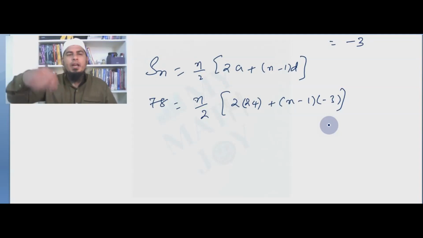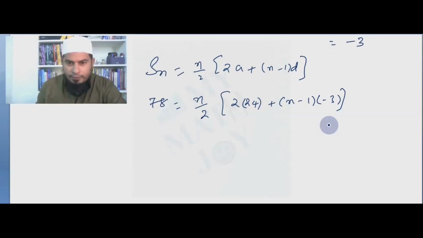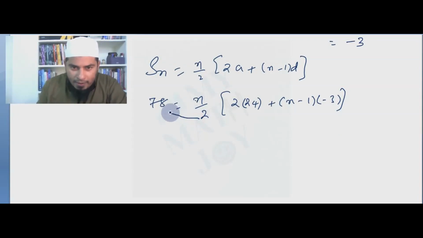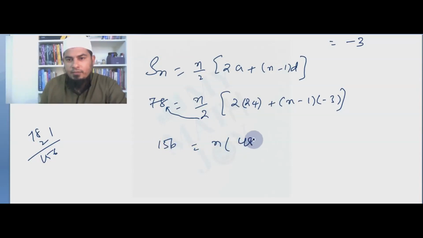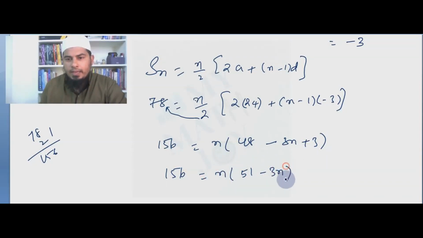Many questions are about to come, you are going to solve them. So what you have to do is transpose this to the other side first. So 78 times 2 exactly you'll get 156, and you simplify inside: 48 and minus 3 and plus 3. 156 equals n times, 48 plus 3 is 51 minus 3n.